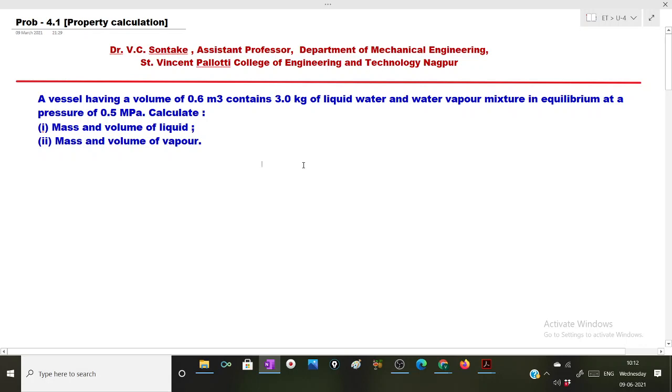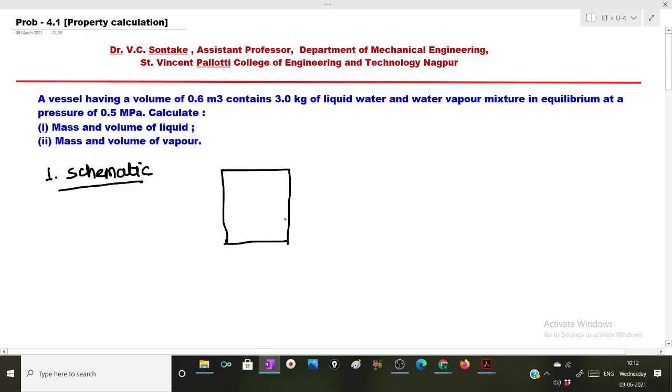So I can solve this problem using steam table. So let us first draw a schematic. So there is a vessel. Let's say the vessel can be of cylindrical shape.